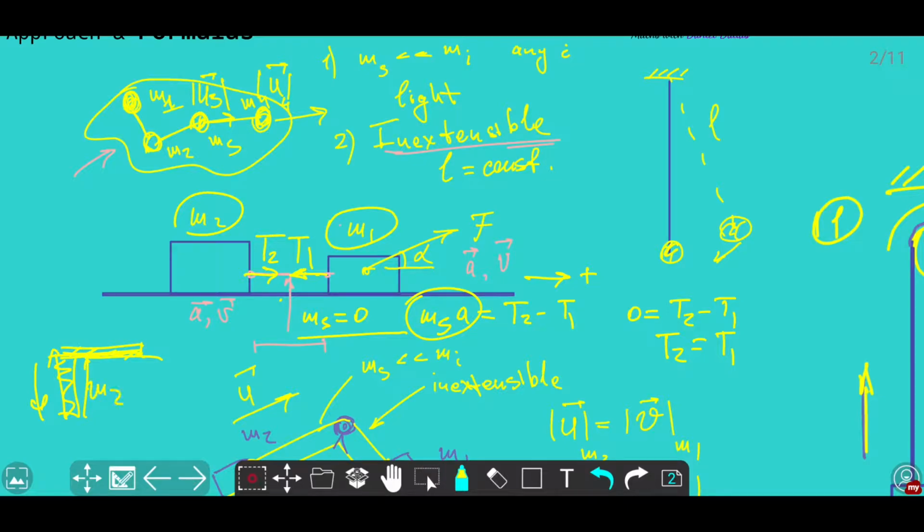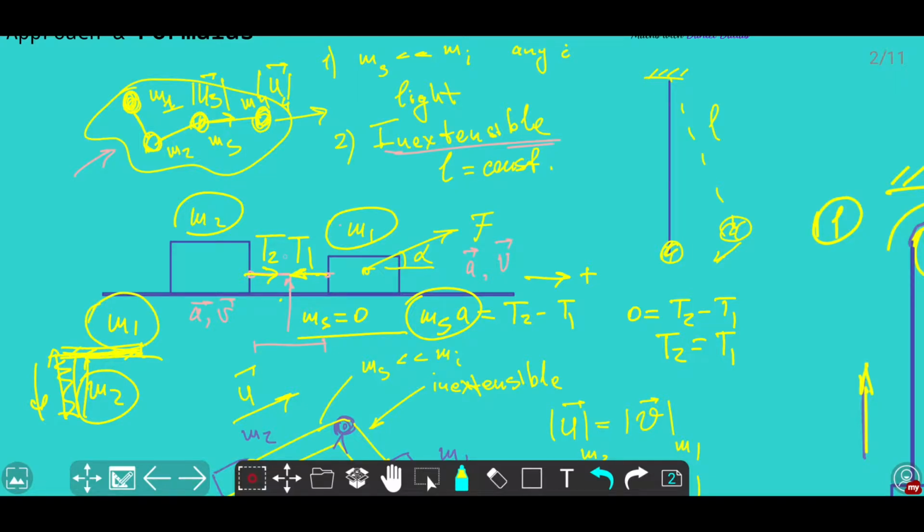Like M2 and M1: M2 gets increased every time while M1 gets decreased over the motion. In this case, you still can consider them as connected particles, but the problem is the mass is changing.